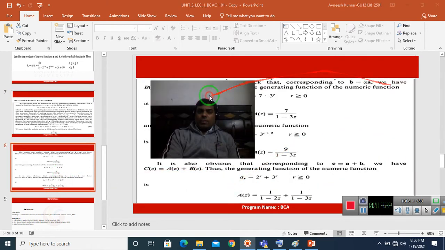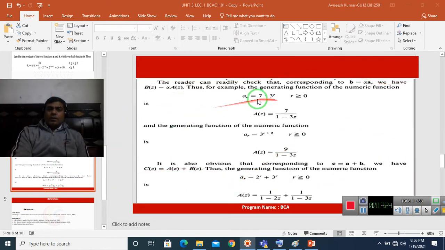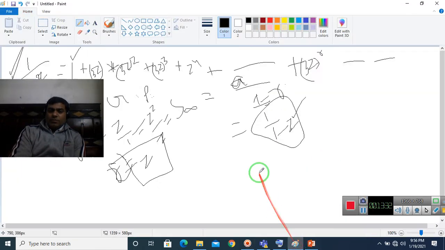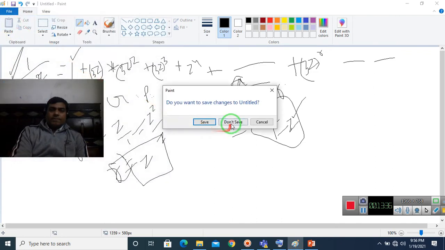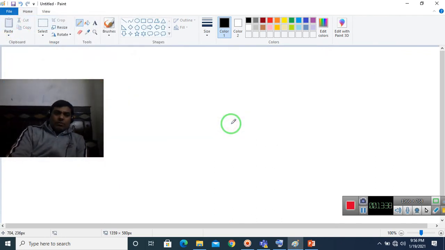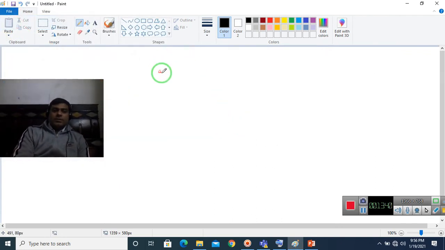Now we have the numeric function ar equal to 7 multiplied by 3 to the power r.